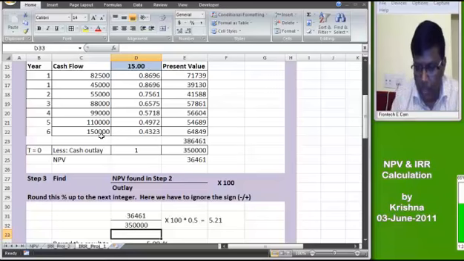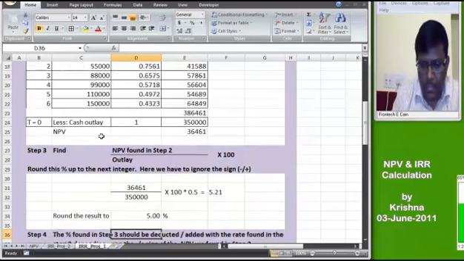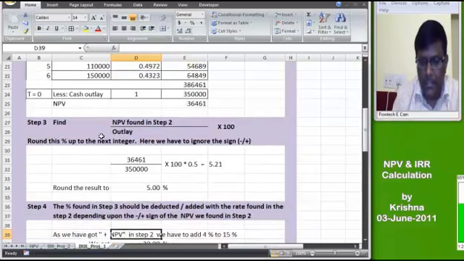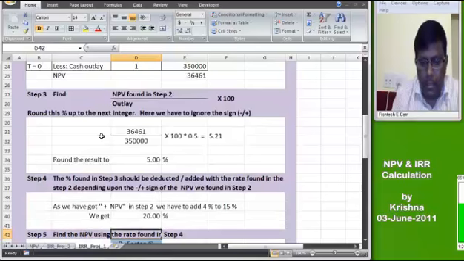We get 5.21, which is rounded off to 5. In the second step we have a positive net present value, so this 5% should be added to the 15% we found in the second step.